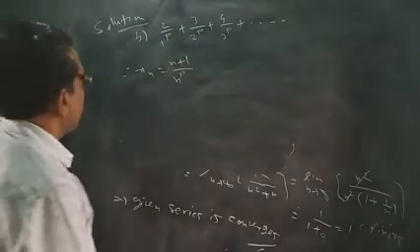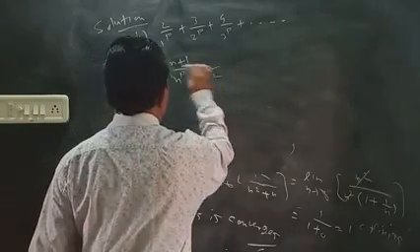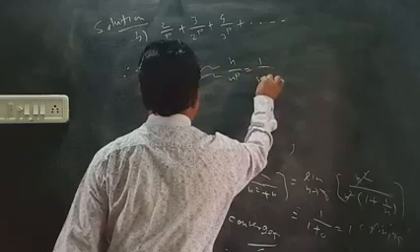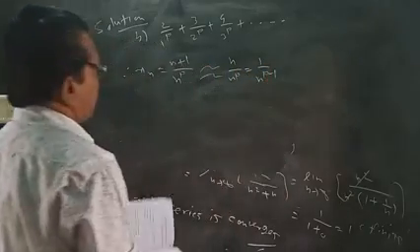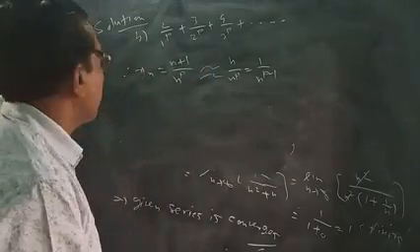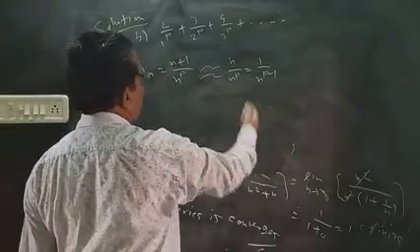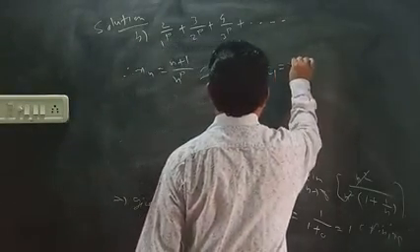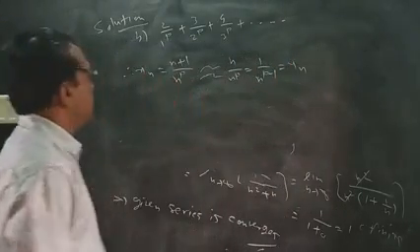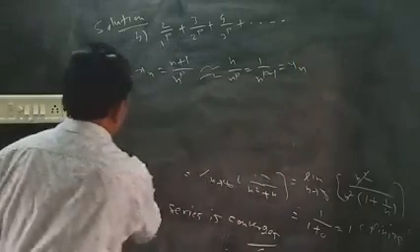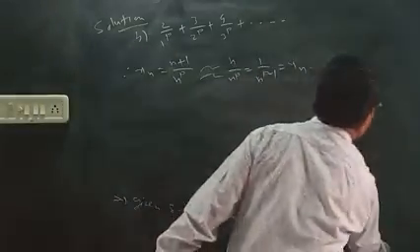This is nearby n upon n raised to power p, that means 1 by n raised to power p minus 1, and that is your Yn. So nearby series select.